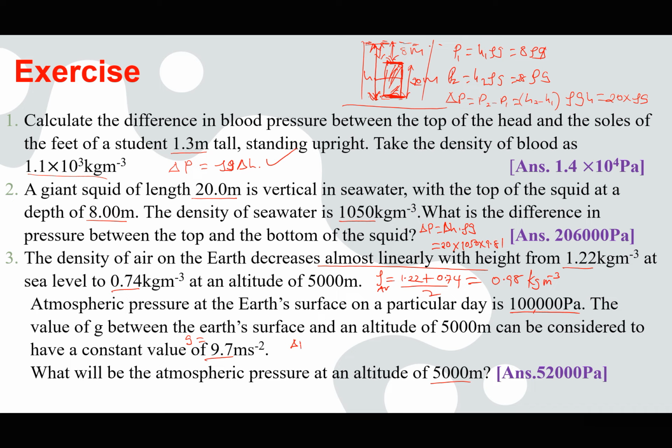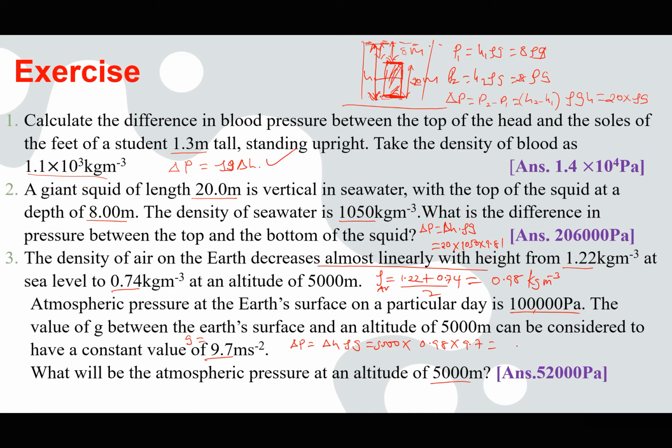So the change in the pressure is going to be equal to the change in the height times density times G. The change in the height, we have moved upwards through a height of 5,000. So this will be 5,000 times the average density, which is 0.98, then times G, which is 9.7.